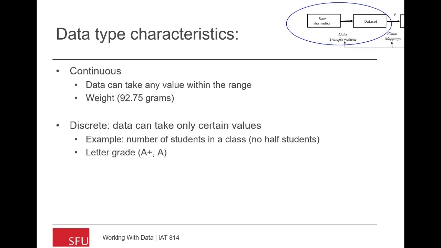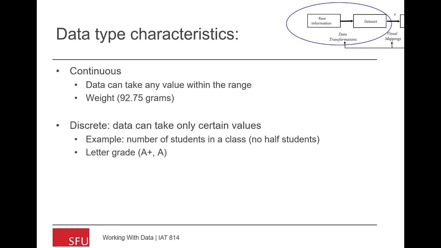You can find a value in between them, 92.76, say. And you can find a number between 92.75 and 92.76. That's 92.755, etc., etc. And you can keep going infinitely. That's what it means that it's continuous. Data can take any value within the range. Let's say you've got a maximum and a minimum value for the information that you're looking at.